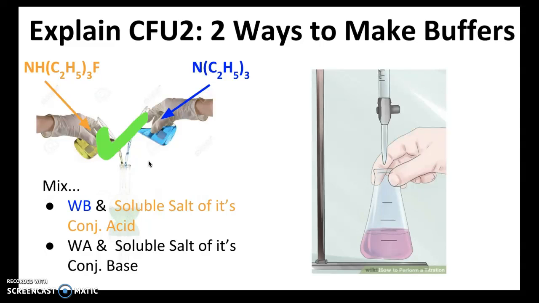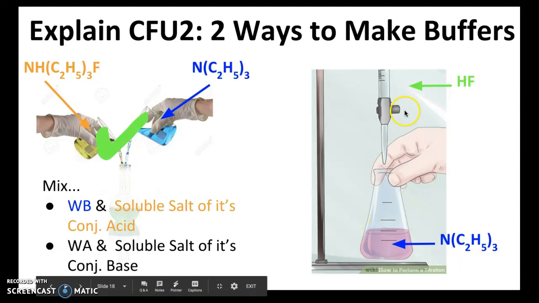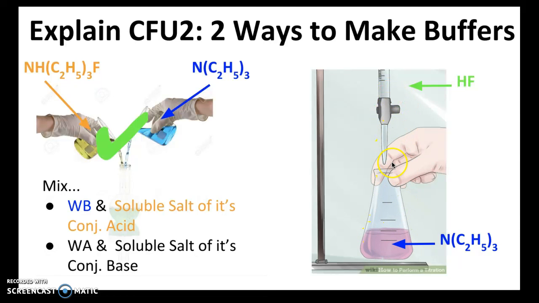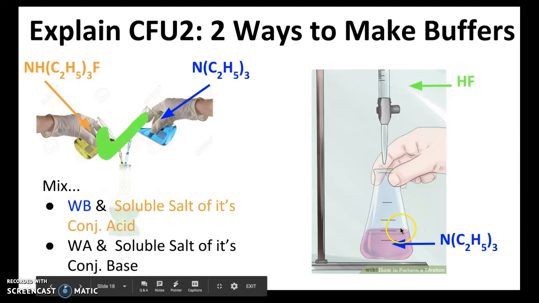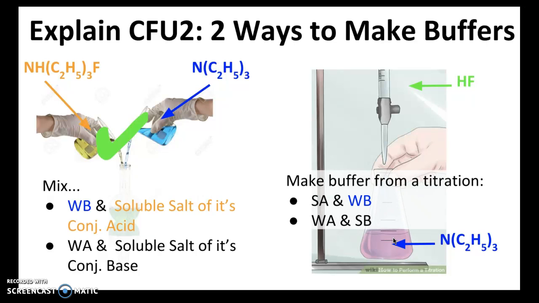However, if we were doing something more like a titration, where we have the weak acid HF and the triethylamine, and we're adding the acid to the triethylamine, and we don't quite get to the equivalence point, meaning that there's still some triethylamine left, plus the salt that we made, that won't work. When you make a buffer from a titration, you'll see this later, it has to be a strong acid with a weak base or a weak acid with a strong base. At least one thing has to be strong in order to make a buffer that way.